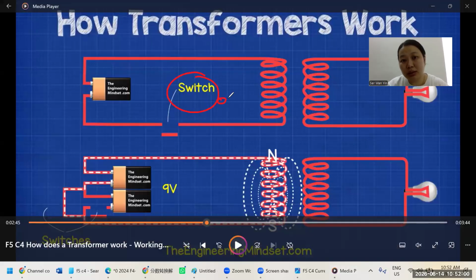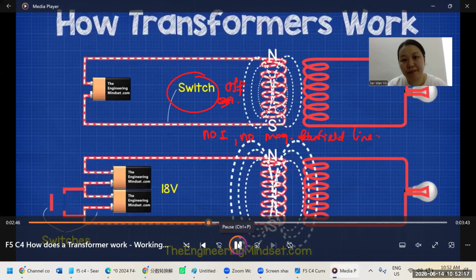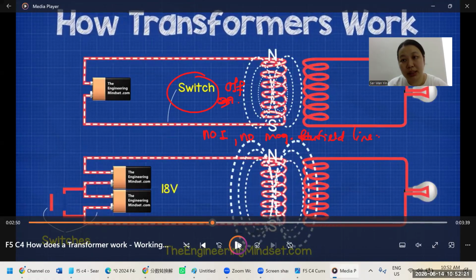When the switch is off, off means no current, no magnetic flux, no magnetic field line. You see that? Got current, got magnetic field. Now we say this is a current-carrying conductor. No current, we just say conductor.